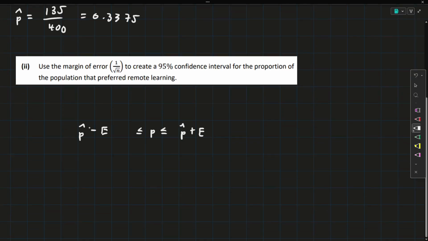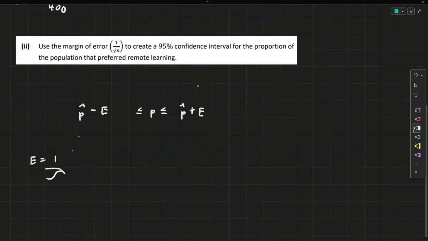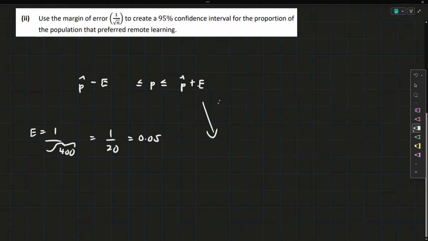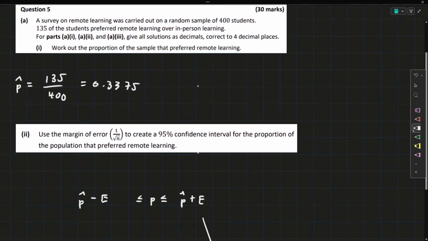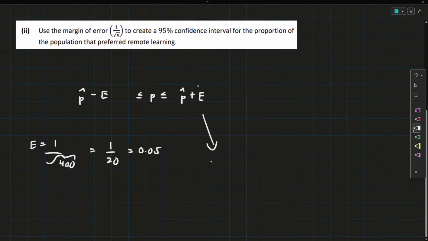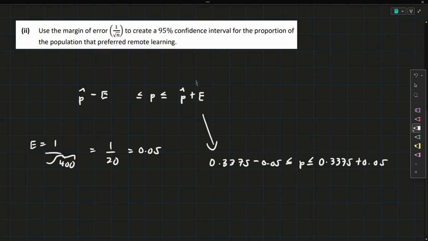So what's the error going to be? Well, the error is 1 over root n, so the error will be equal to 1 over the square root of 400, and that works out quite nicely because the square root of 400 is 20. So we have 1 over 20, and that's the same as 0.05. So our 95% confidence interval: p hat was 0.3375, so 0.3375 minus 0.05 is less than or equal to p, less than or equal to 0.3375 plus 0.05.